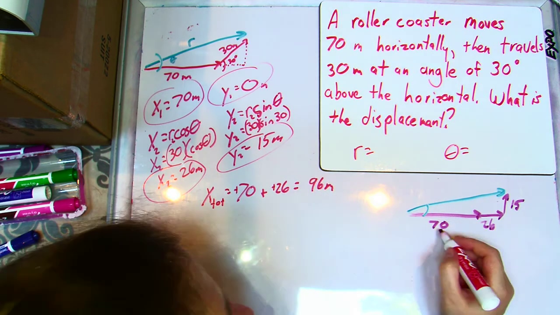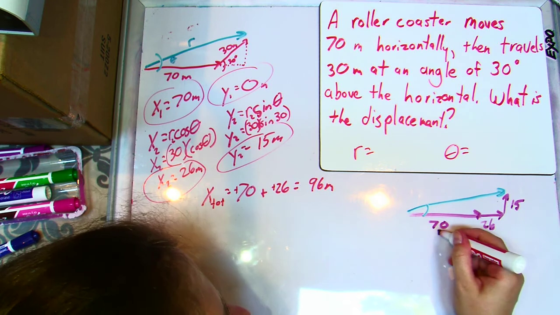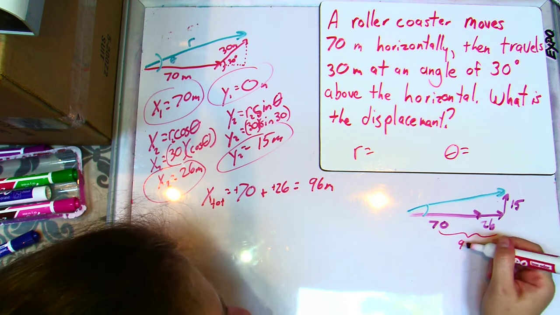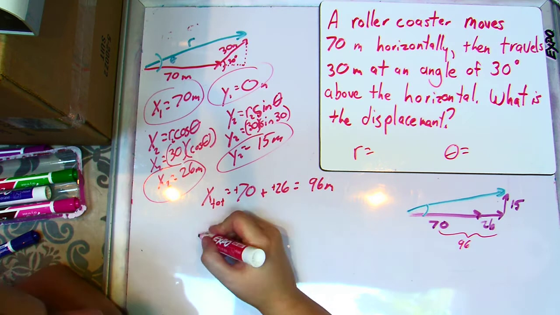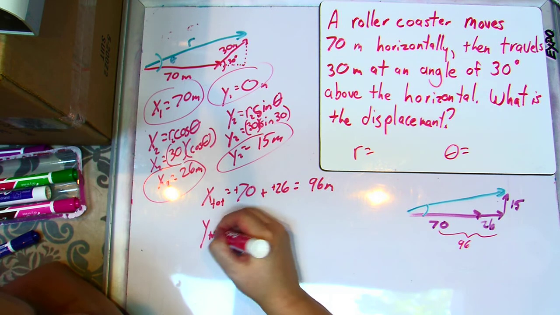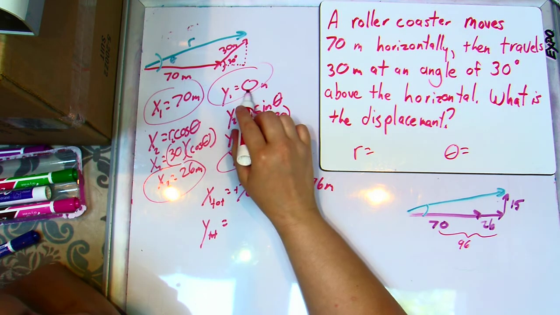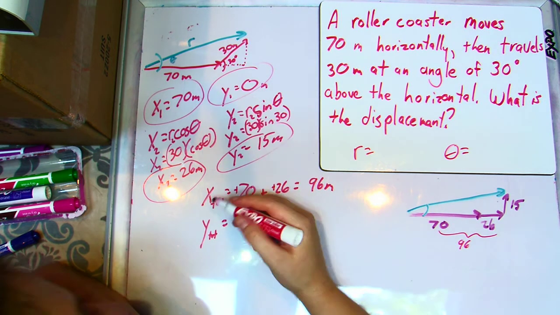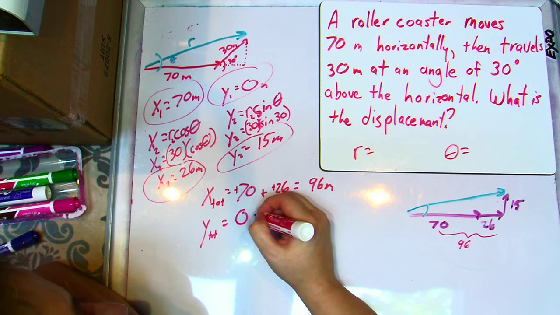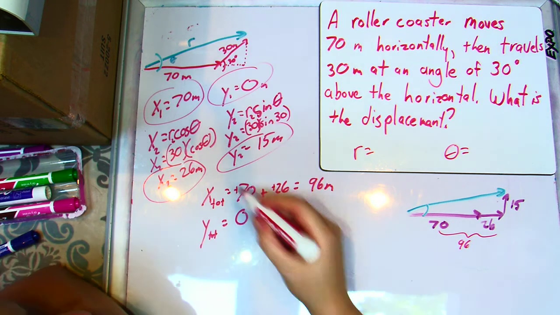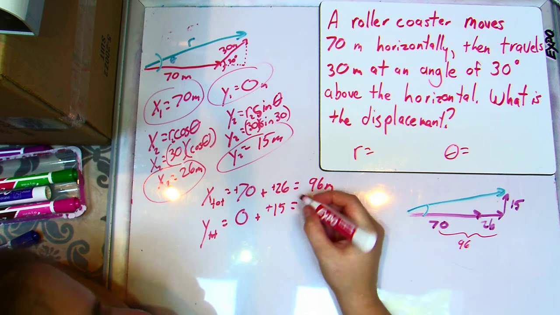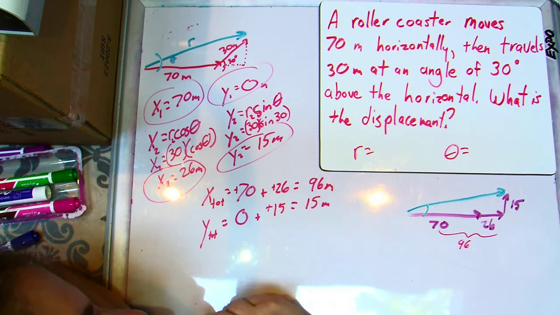And if we look here, 70 plus 26, that would make that bottom line 96 meters. Y total would equal, from the first one, 0, because that one's not moving up or down. 0 meters plus 15, and 15 is moving up, so it's positive, equals 15 meters.